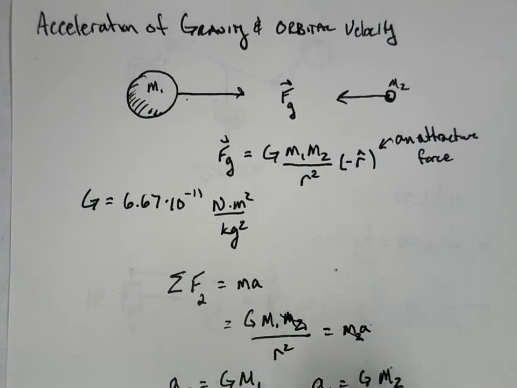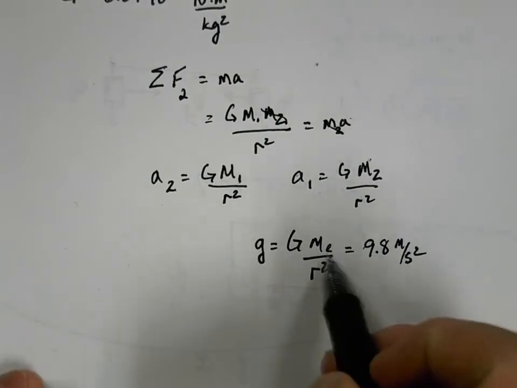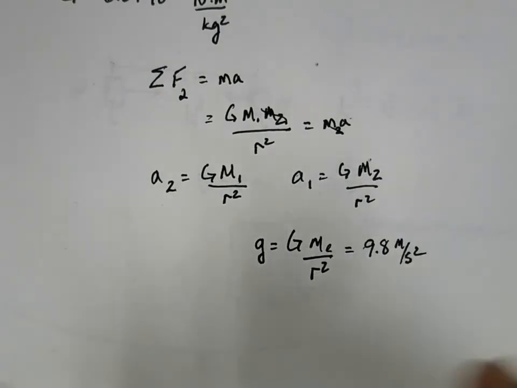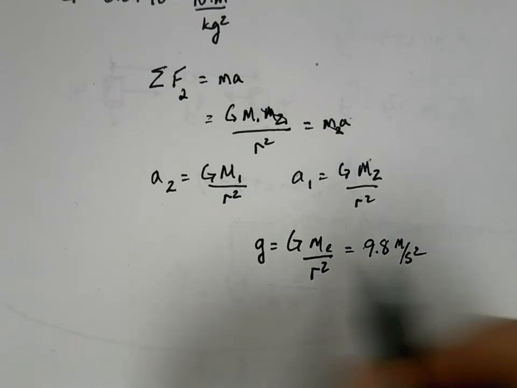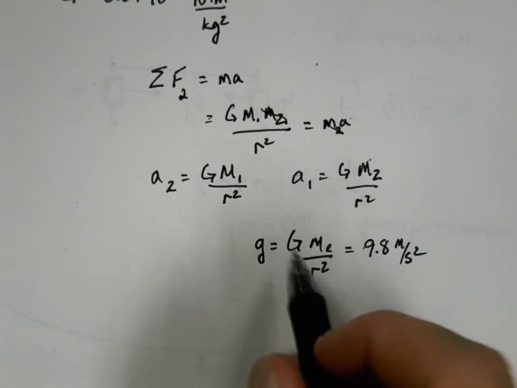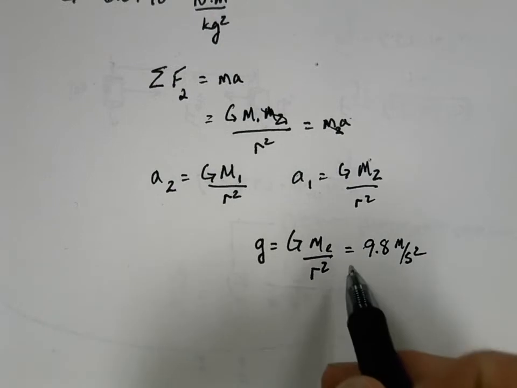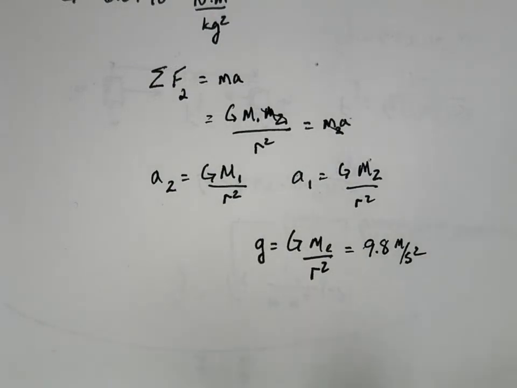And close to the surface of the Earth, if this becomes the mass of the Earth, this is going to equal 9.8 meters per second squared, and you can actually plug everything in, and you'll see that G times the mass of the Earth divided by radius squared equals 9.8. This is also how we determined what the mass of the Earth was. We knew the size of the Earth, we figured out what G was, and we knew that things fell at 9.8. So we could figure out that the Earth is going to be about 6 times 10 to the 24th kilograms.